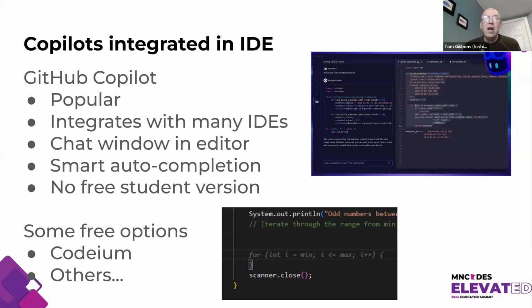But in these integrated environments, there's a chat window within the IDE tied to something like GitHub Copilot. Again, we get much smarter auto completion. I just haven't seen free versions or versions for students available yet.